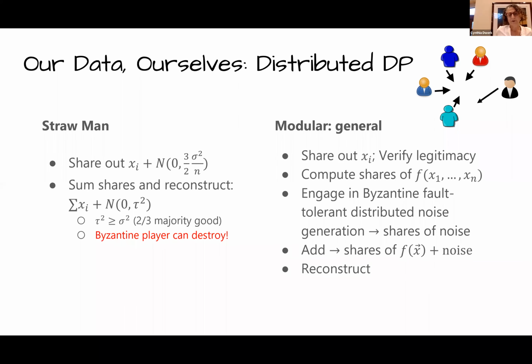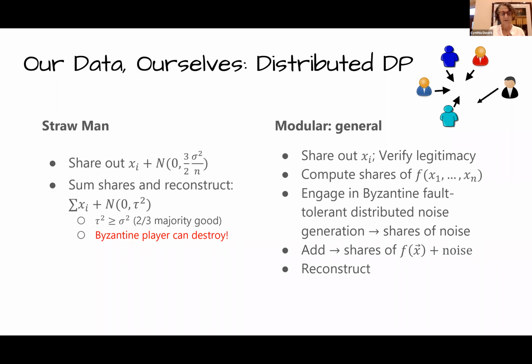Why 3/2? Because you're assuming that 2/3 of the players are playing correctly, so you're going to get at least n times 2/3 of sigma squared when you add everything up. You can sum out the shares and reconstruct, and you'll end up with the sum of the xi's and some normal noise, and tau squared will be good.